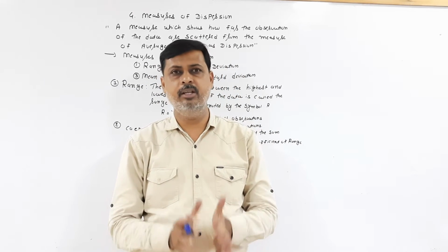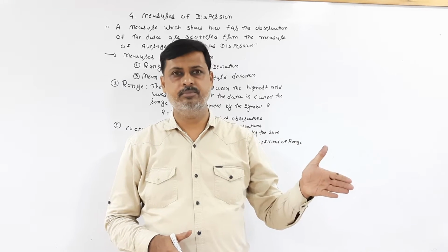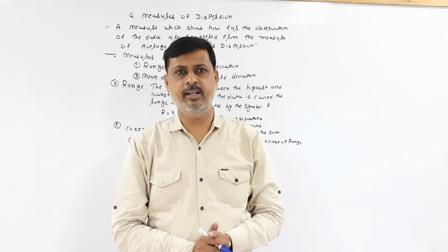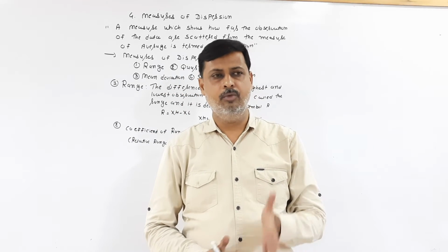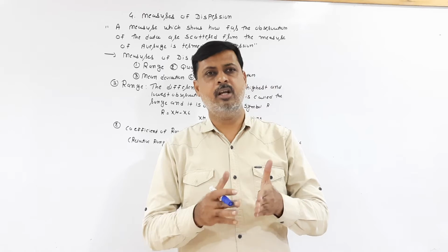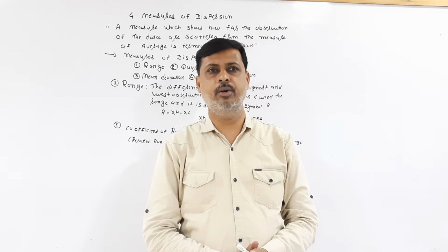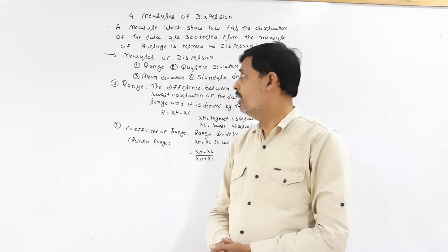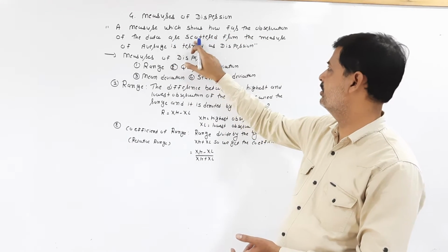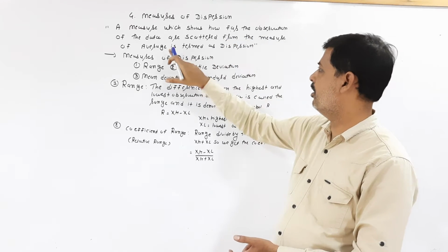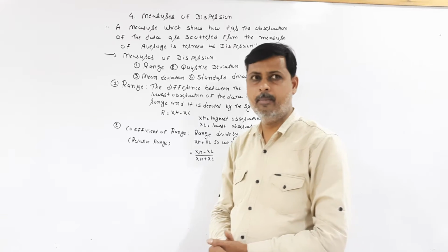Whenever we find the mean, we then have to find the remaining measures. और आपको ये डिसाइड करना है कि आपका जो मेजर्स है वो मीन से कितना स्कैटर्ड है, कितना डिस्पर्स है. That is called dispersion.